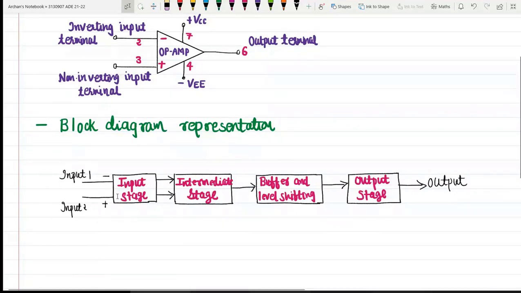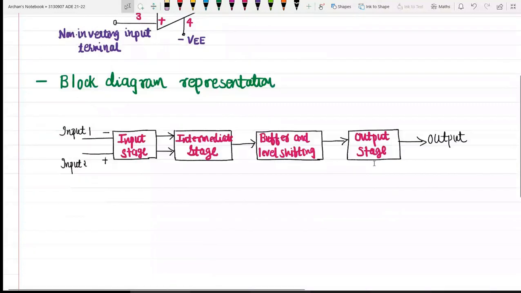A dual input, balanced output differential amplifier. As an intermediate stage, we will have a dual input, unbalanced output differential amplifier. In this buffer and level shifting stage, we will get the emitter follower circuit. And at the output stage, we will have the push-pull complementary amplifier. Okay? So this is our block diagram of the operational amplifier.